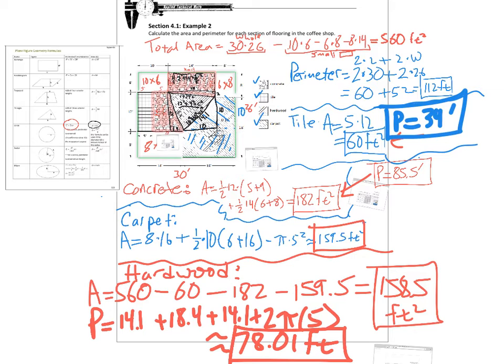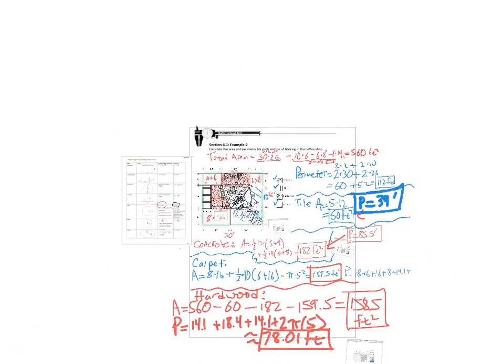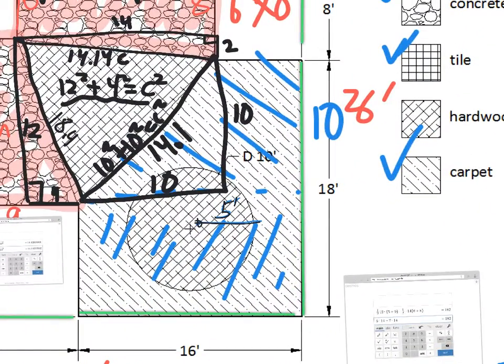And then for the carpet, we have to add up all of these distances for like a border or a trim around the carpet. We'd also have to add the circumference of the circle. Because if you were going to put hardwood next to carpet, you would have some kind of trim piece most likely there.